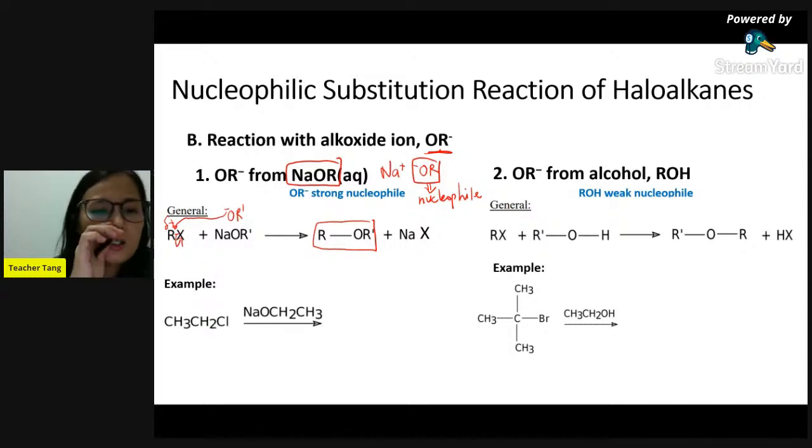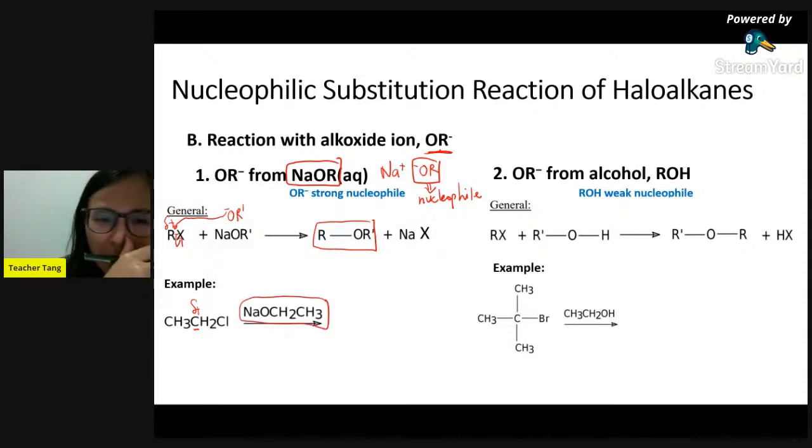So shall we look at this example? This carbon is partially positive charged, as it is bonded to halogen. And this is your sodium alkoxide, an ionic compound. Which one is the nucleophile?